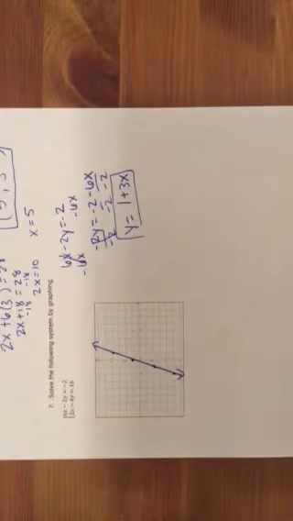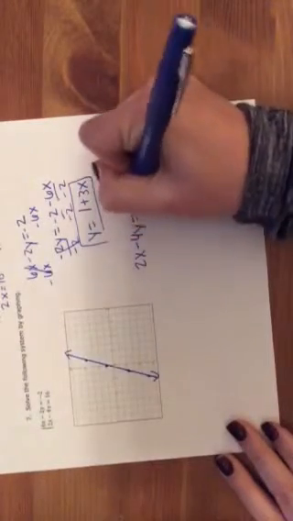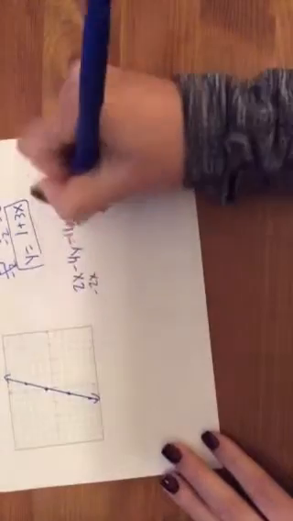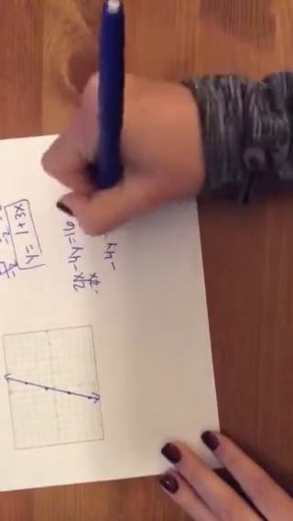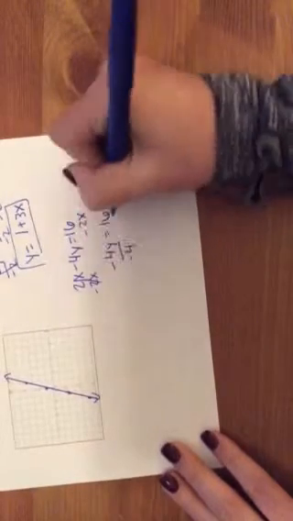Okay, then again for the second one, 2x minus 4y equals 16. Same idea. Move the 2x. You're left with negative 4y equals 16 minus 2x. Divide everything by negative 4.